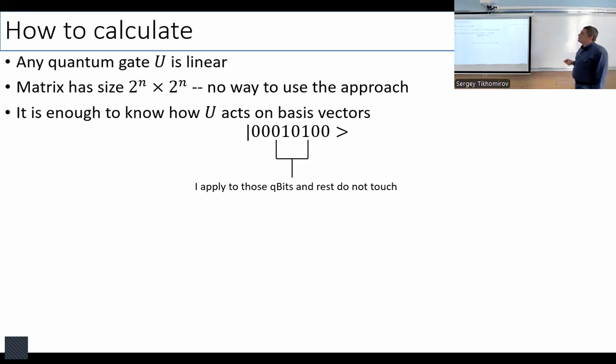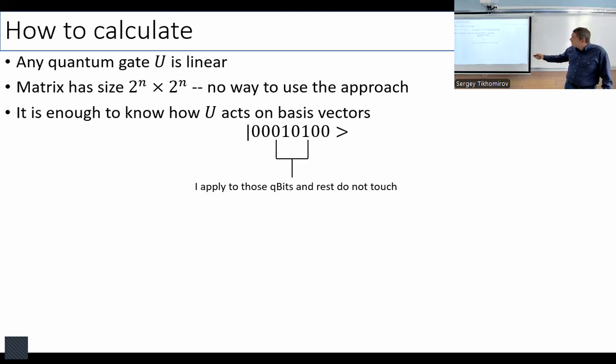So the normal approach is the following. Each vector we can write as a linear combination of basis vectors. And because U is a linear operator, it's enough to know how it acts on basis vectors. Each of the basis vectors is just a sequence of 0 and 1.